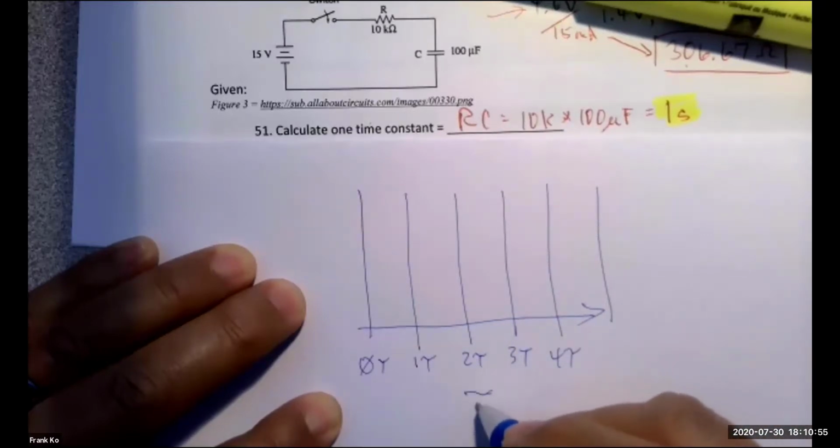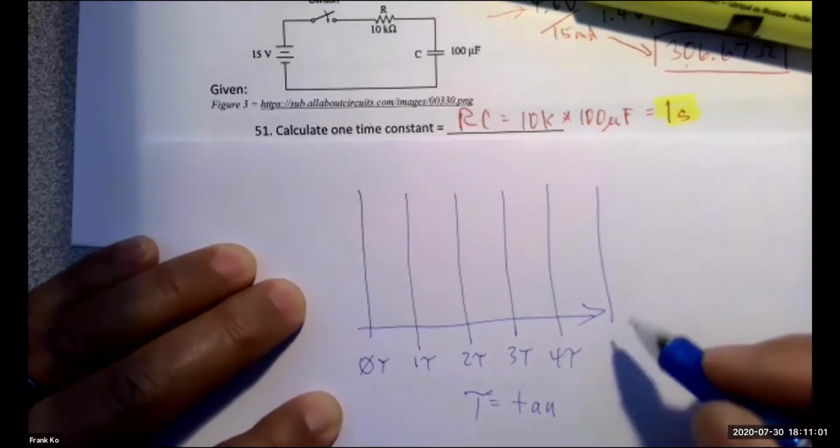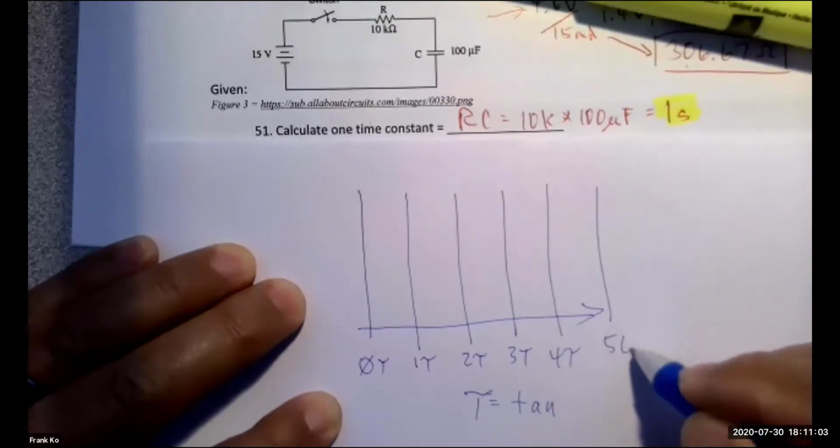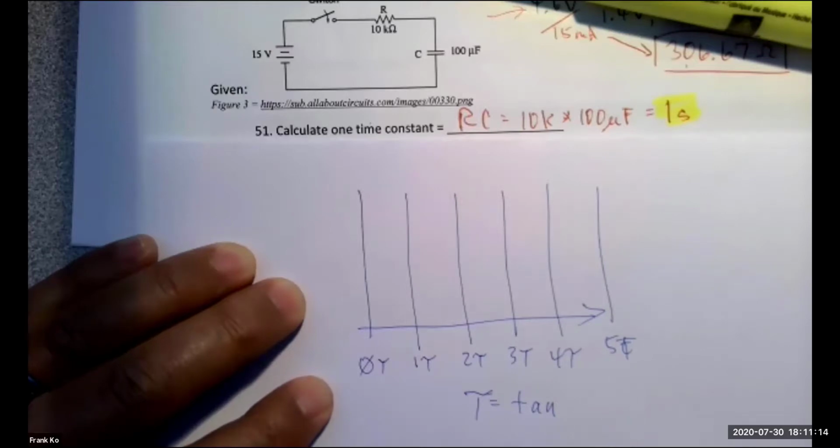The symbol that looks like an italicized T is TAU, and I have 5 tau. And so tau is calculated as R times C, which when we multiply 10 k ohms by 100 microfarads, we end up with 1 second of time.